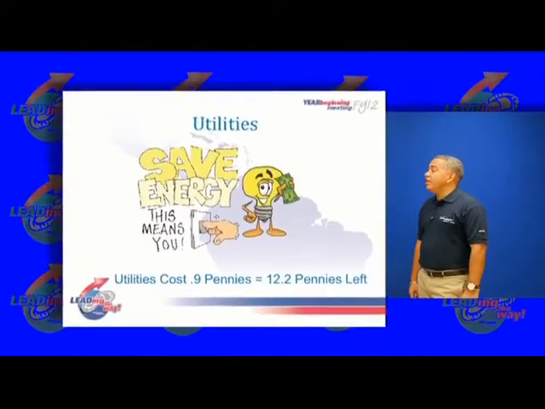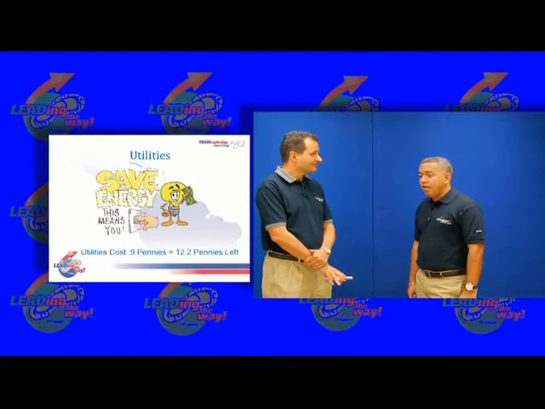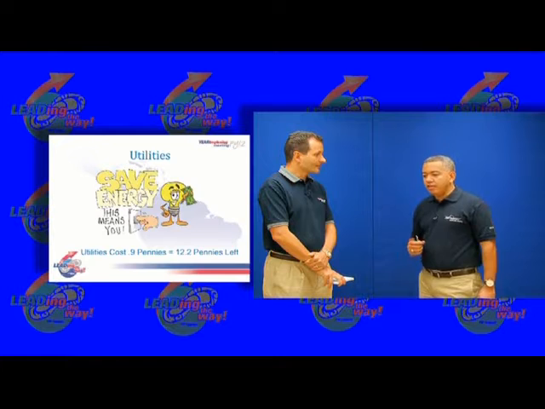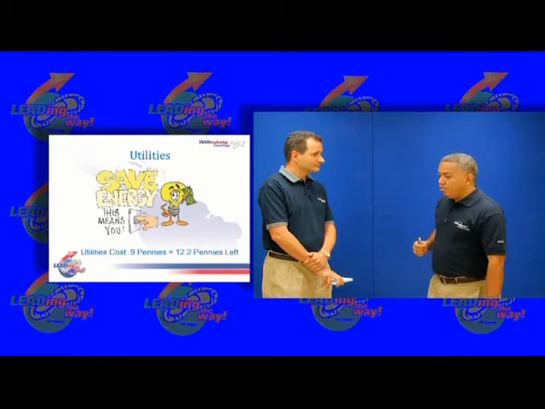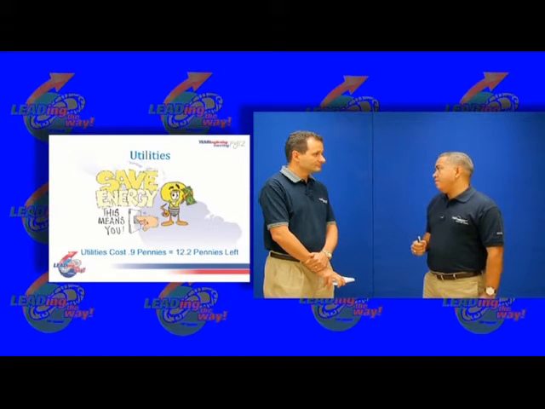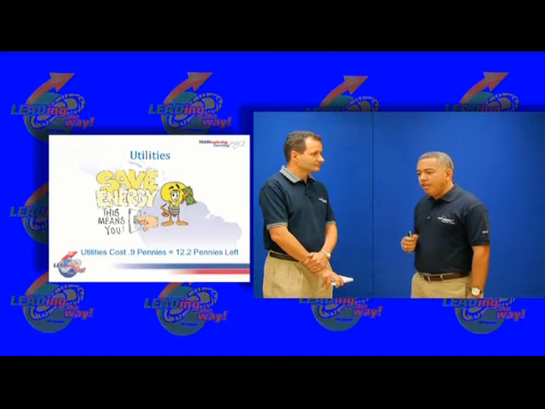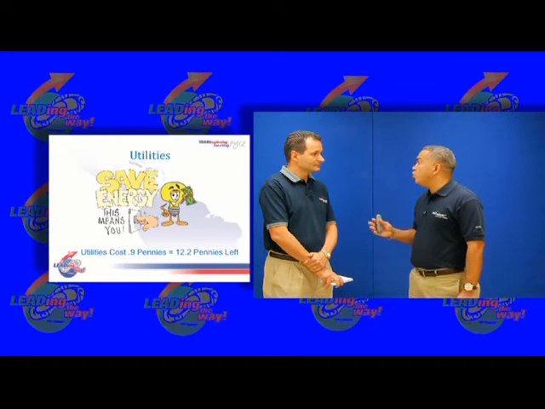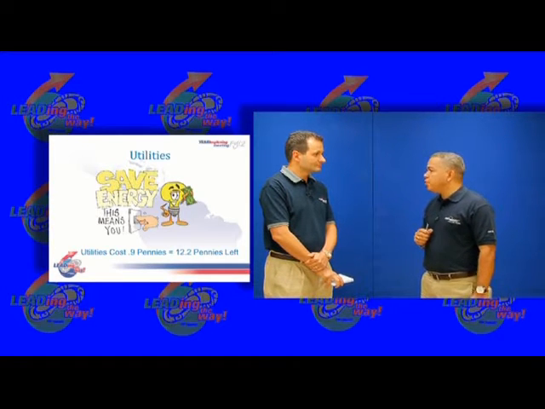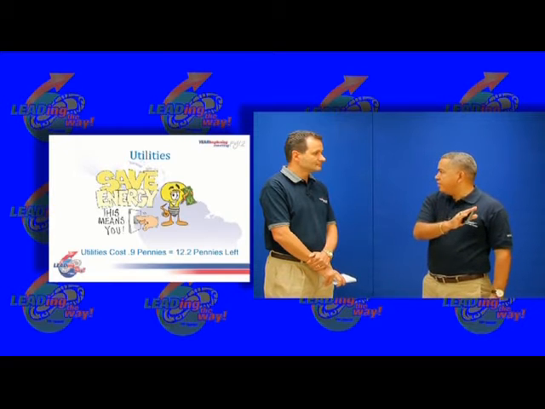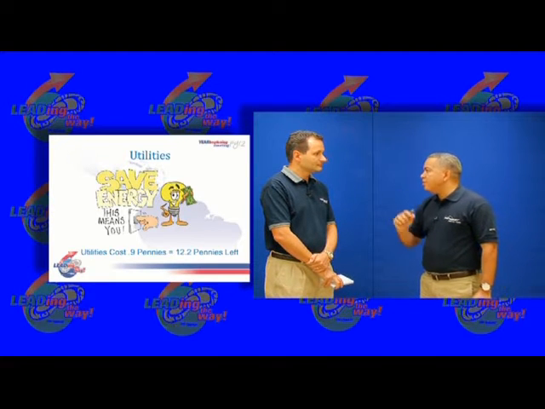So that's our biggest controllable expense, but obviously we have others. What's the second biggest controllable expense? Well, Ben, I like to say that the second one is utilities. Utilities, okay. Yeah, because it's very important that everybody understands what utility is about. Utility is electricity. When we talk about utility, we also talk about gas consumption to be able to generate that 1.4 pennies that we saw before in other business.